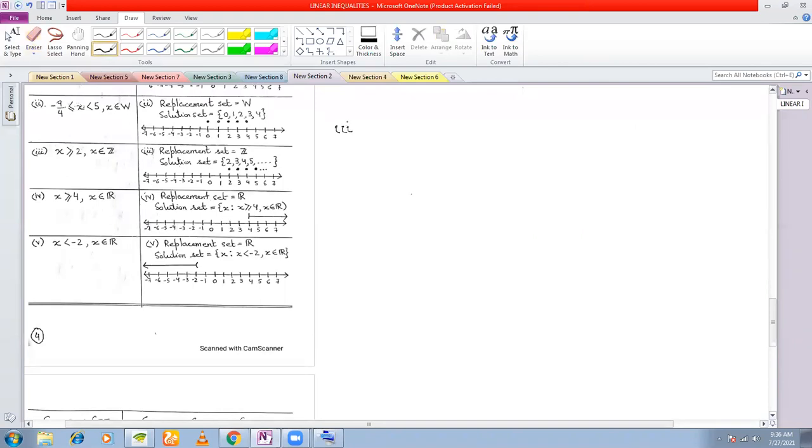Number 3. x greater than or equal to 2. And here the replacement set is given to be the set of integers. x greater than or equal to 2, and x is an integer. Let's write the solution set. What integers are greater than or equal to 2? 2, 3, 4, 5, and so on.